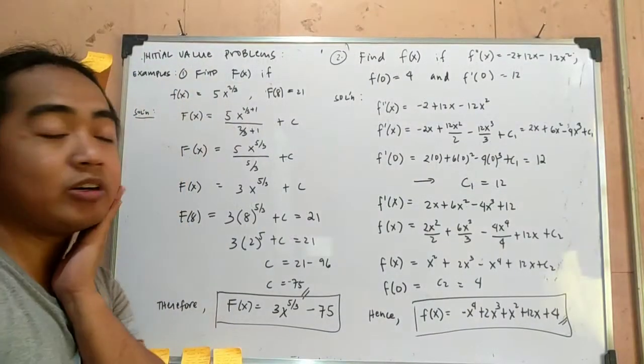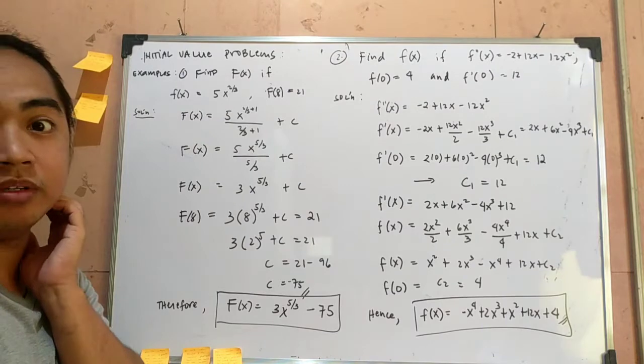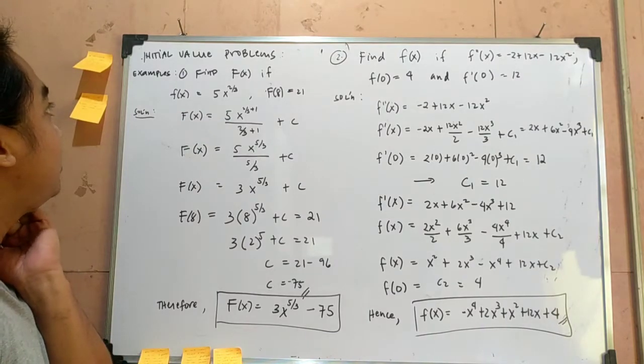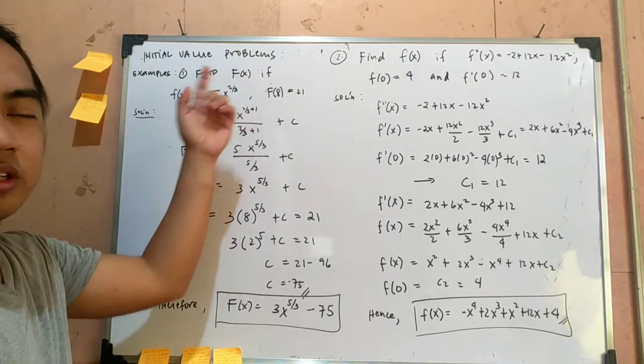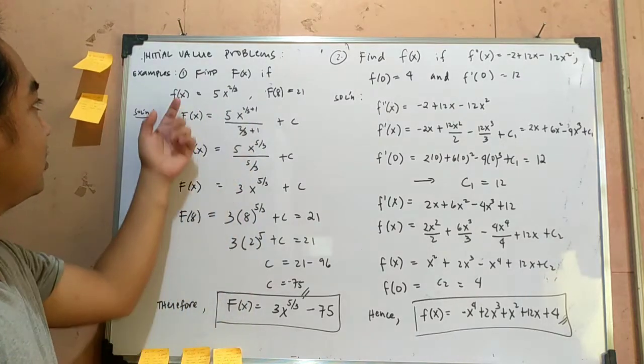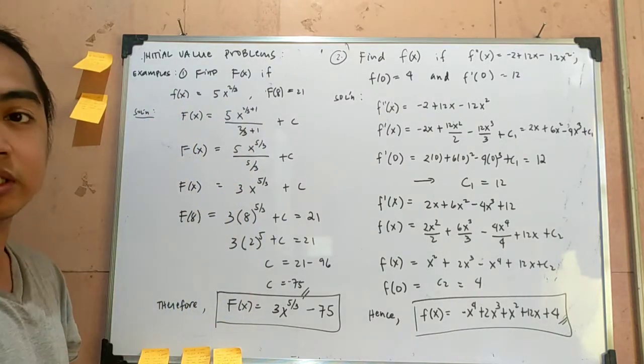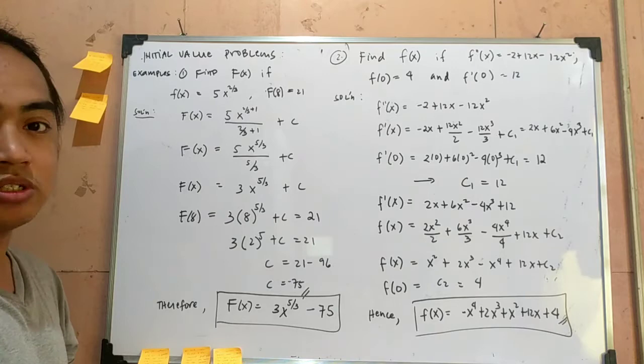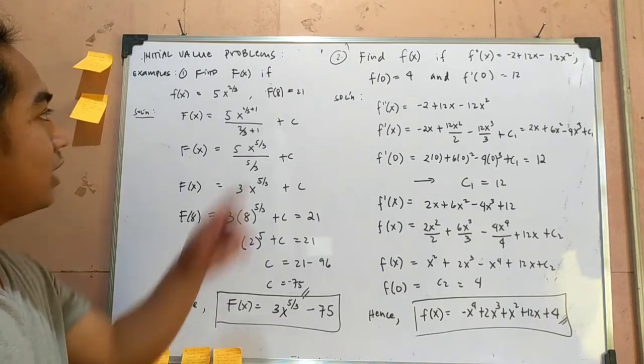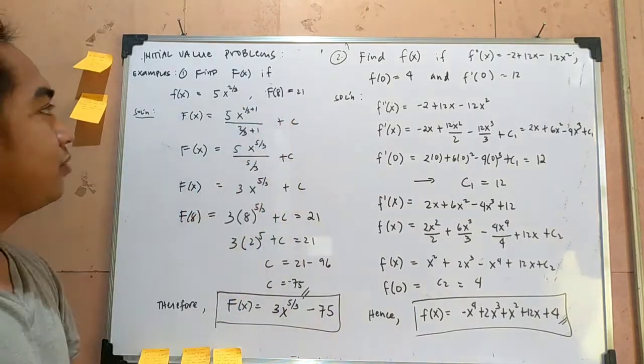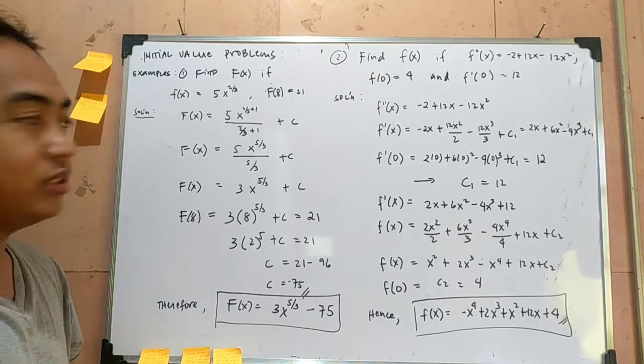Ngayon, mag-discuss tayo ng couple of examples about initial value problems. So, number 1, find the antiderivative capital F of x if small f of x is 5 times x raised to 2/3. Kung saan, ito yung initial condition, F of 8 equals 21.